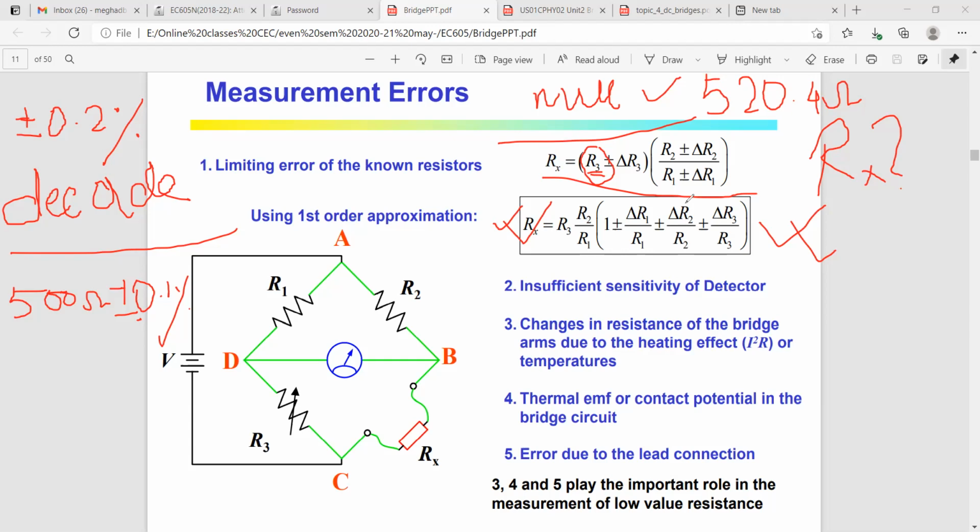Put all the values and tell me the answer. You all are doing the problem now. Hello.